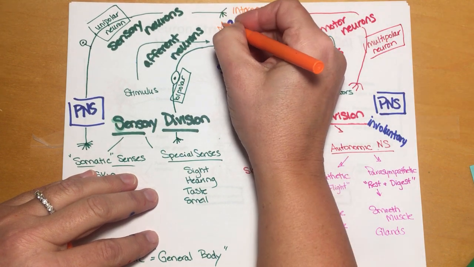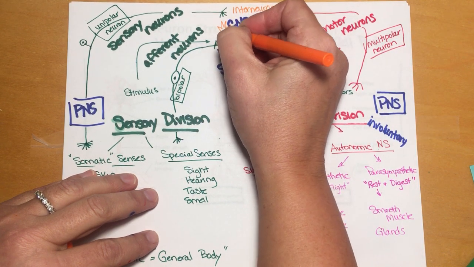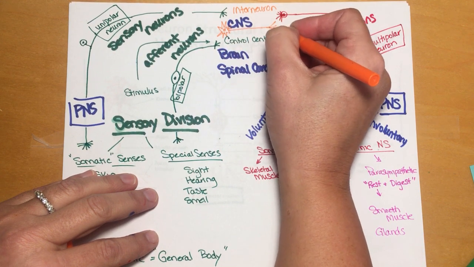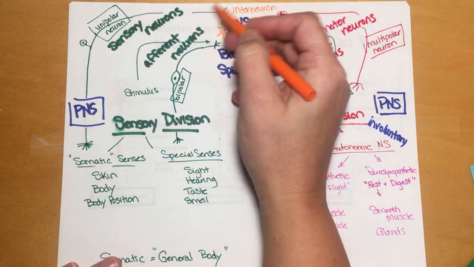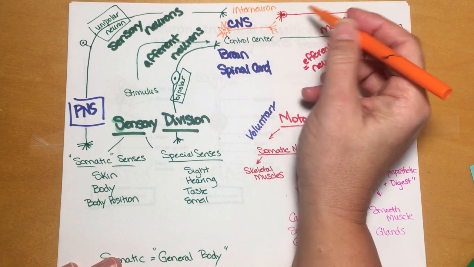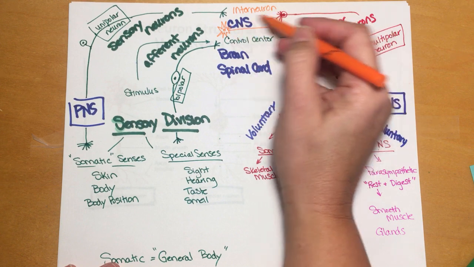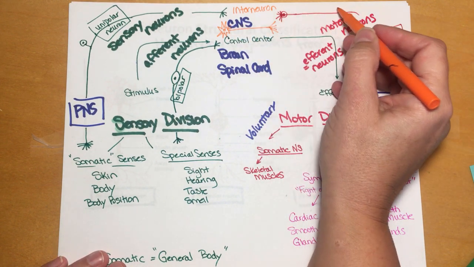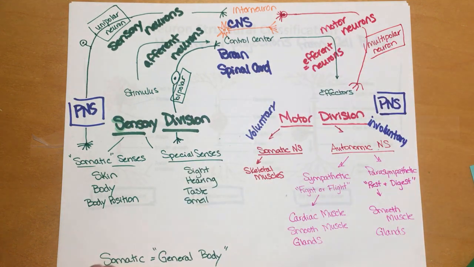And an interneuron is also a multipolar neuron. And it's going to receive all of the incoming signals from various places, and it's going to sum up all that information and give some kind of direction to the motor neurons.